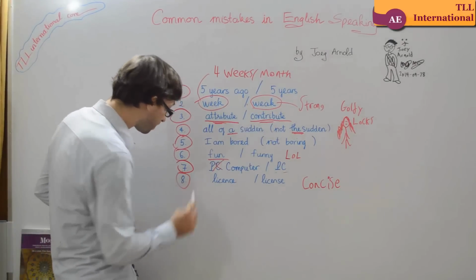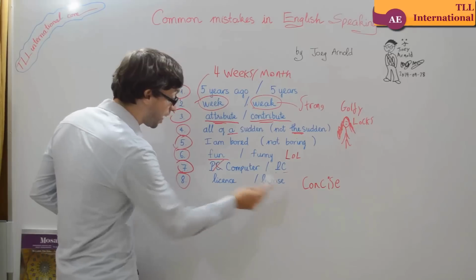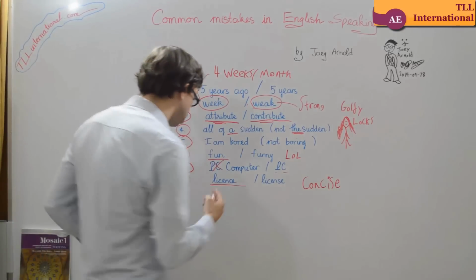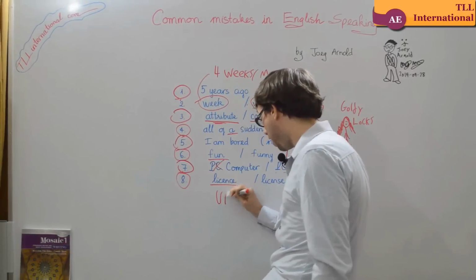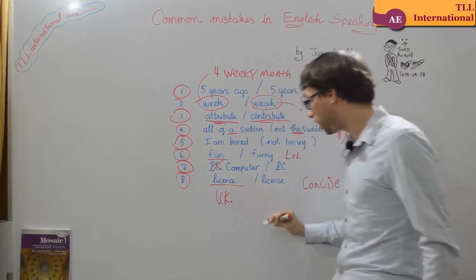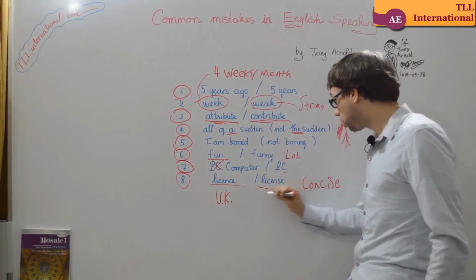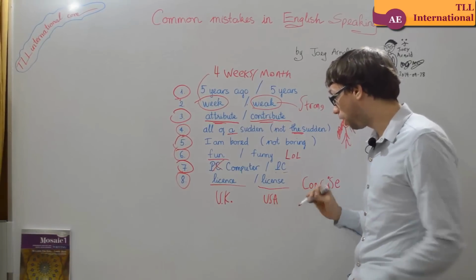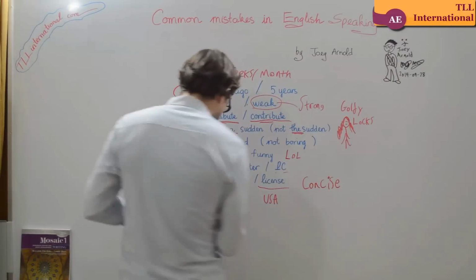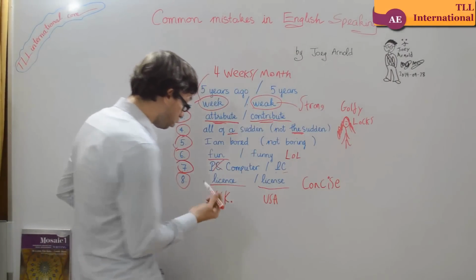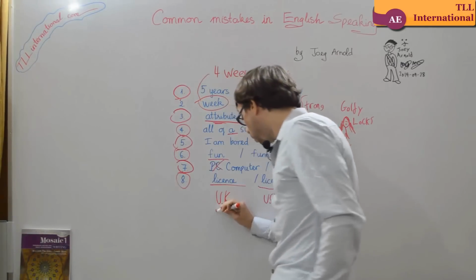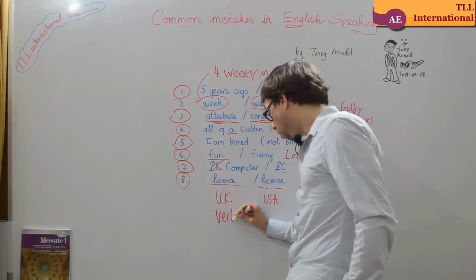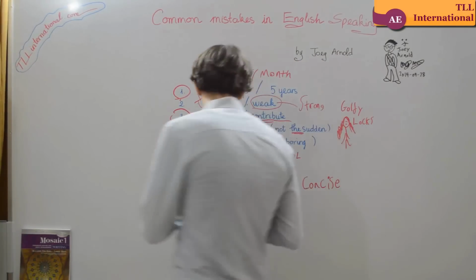Number 8, license and license. The first one comes from the UK, that's the United Kingdom, and the second one comes from the USA, America. And the first one is used as a verb, only for a verb.